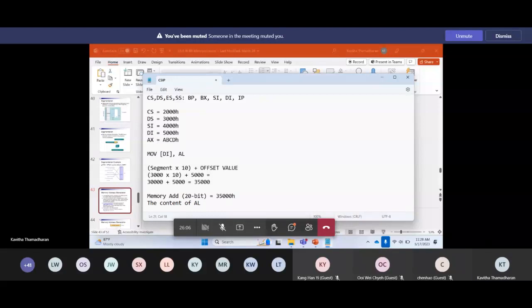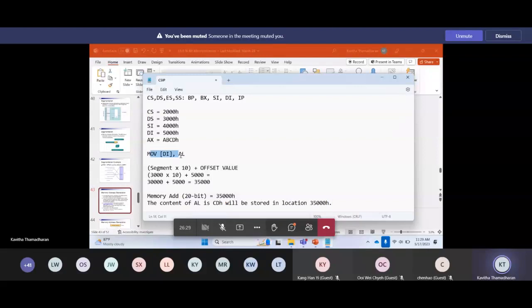Can anyone tell me what is inside my AL? Is this CD? Yes, CD will be stored in location 35,000 hexa. This is how you answer your question.